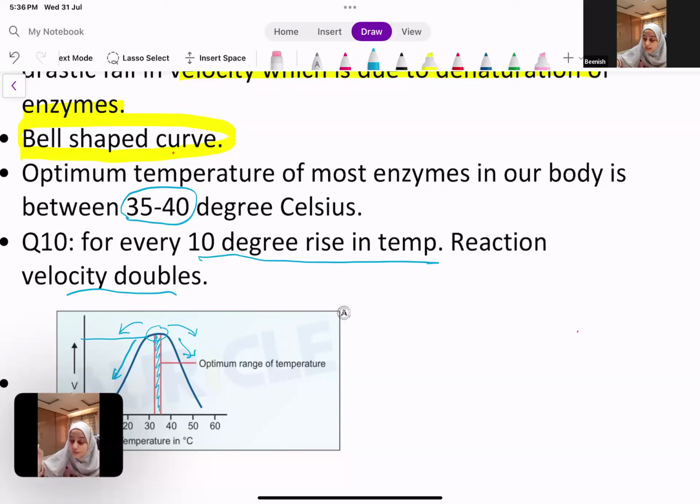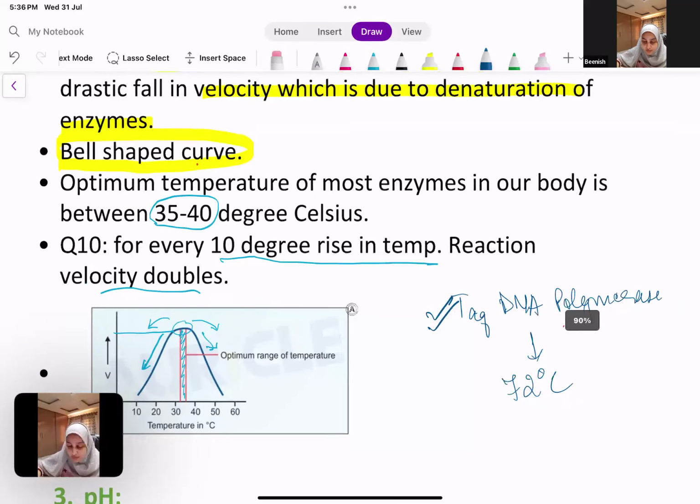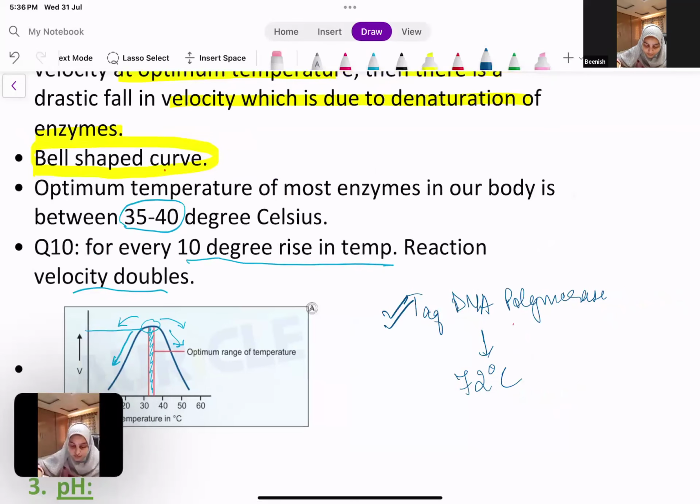But for Taq DNA polymerase, you will study about this when we study PCR, the optimum temperature is 72 degrees Celsius. So the optimum temperature varies greatly depending upon the enzyme, depending upon the organism. This Taq DNA polymerase is found in Thermus aquaticus, which is found in hot springs.